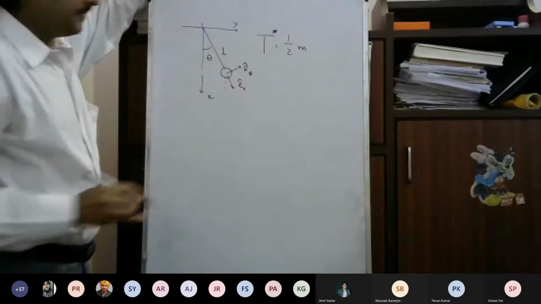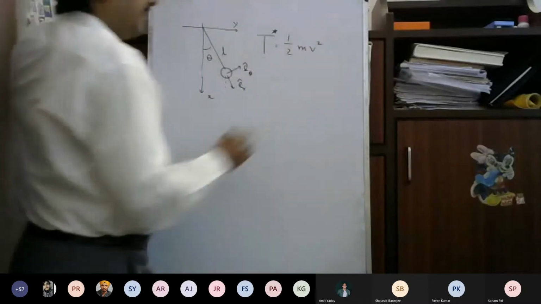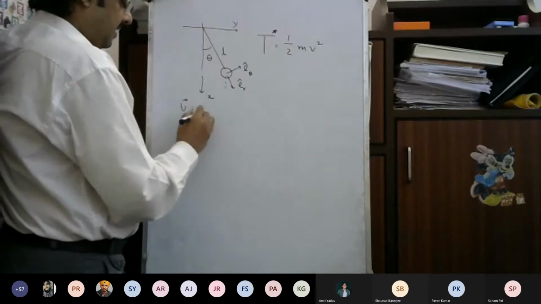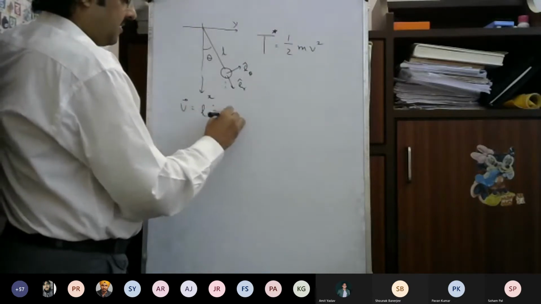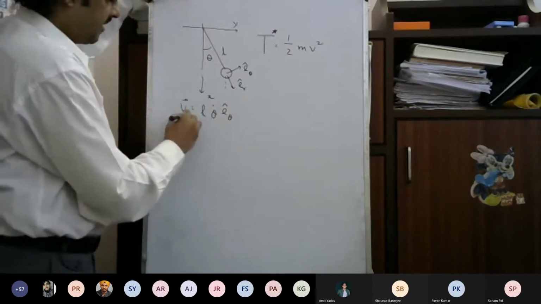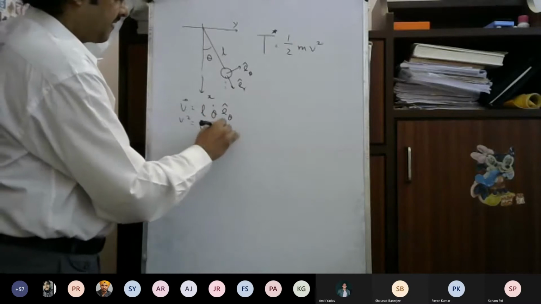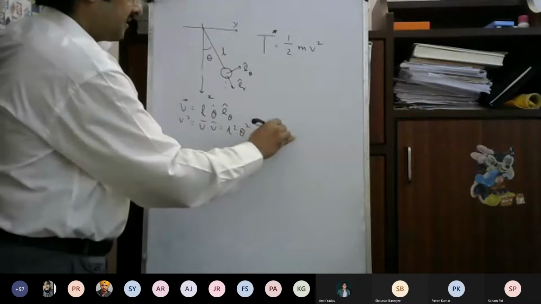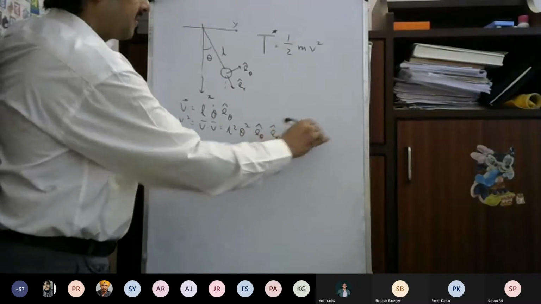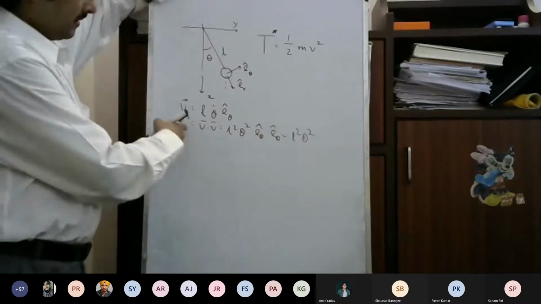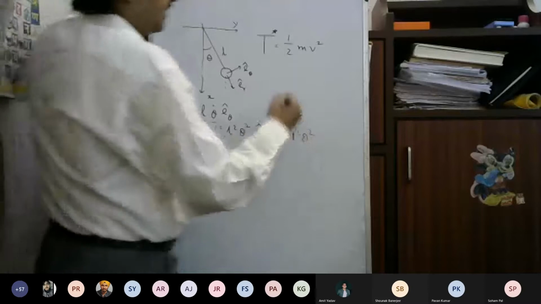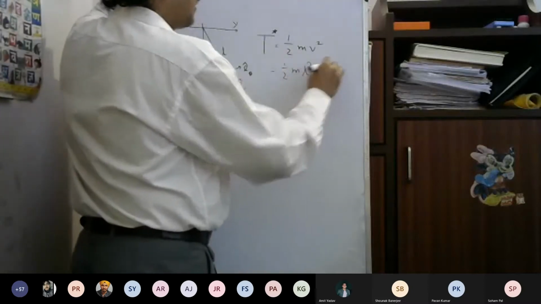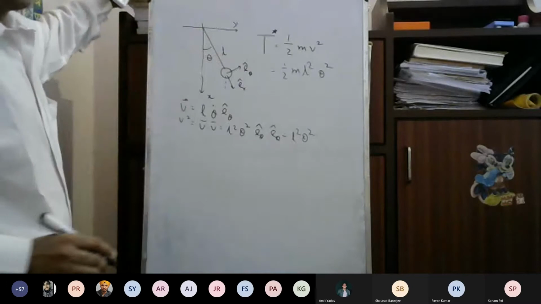What is v? v is nothing but L theta dot e theta. So v square will be equal to v dot v, equal to L square theta dot square e theta dot e theta, so v square will be L square theta dot square. So this will be half m L square theta dot square, the kinetic energy.